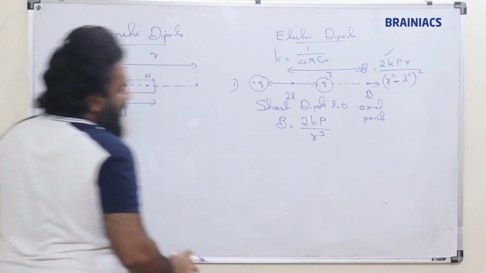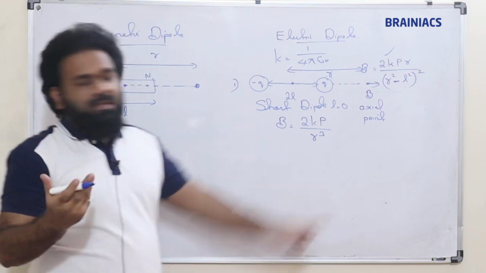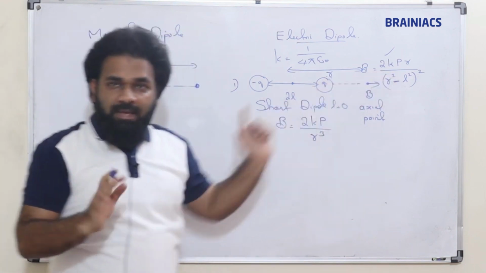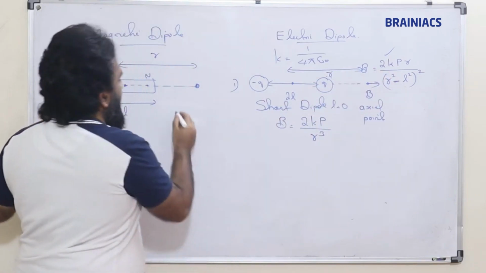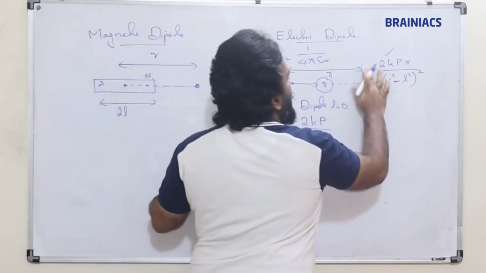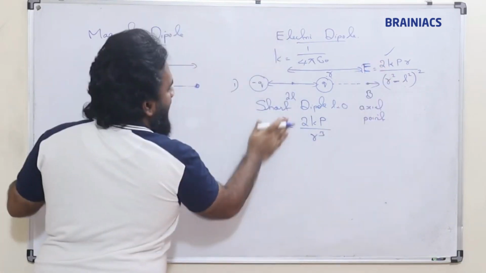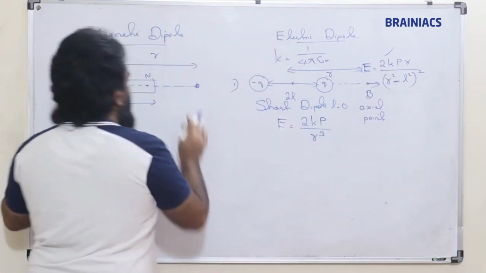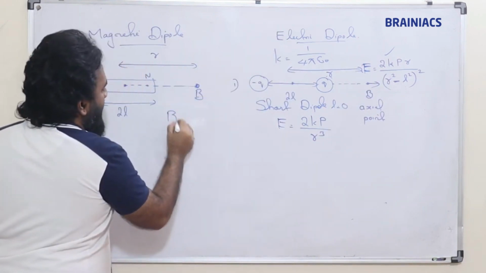And this distance is 2L, correct? Now for that, you can tell the answer comparing with this. Same value, same derivation, everything is same. I'm sorry, this is not magnetic field, this is electric field. Now here, if we need to find the magnetic field, what is magnetic field?